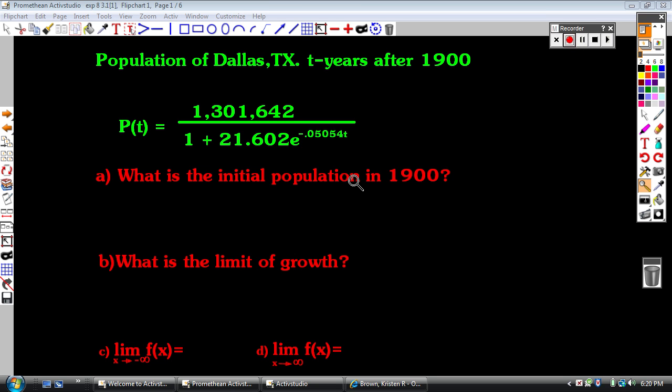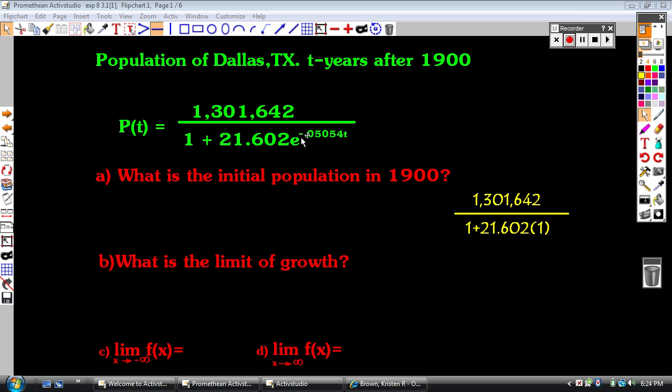To answer the first question, what's the initial population in 1900? Think about what our T value would be. Since T is T years after 1900, for A, T would equal 0. So think about what would happen if we plugged in 0 for our T. If we plug in 0 for the exponent, we get this number times 0, which is 0, and we get e to the 0.